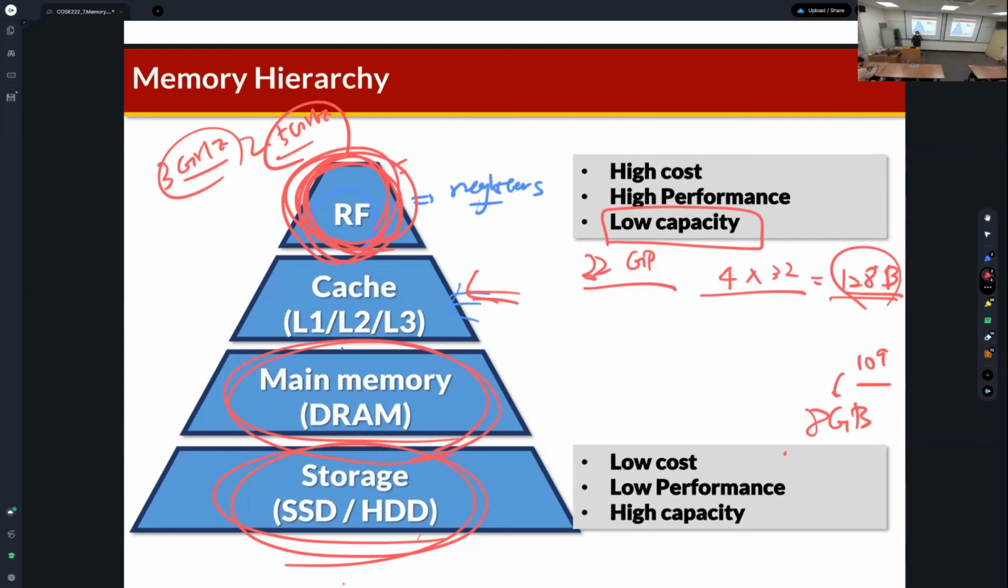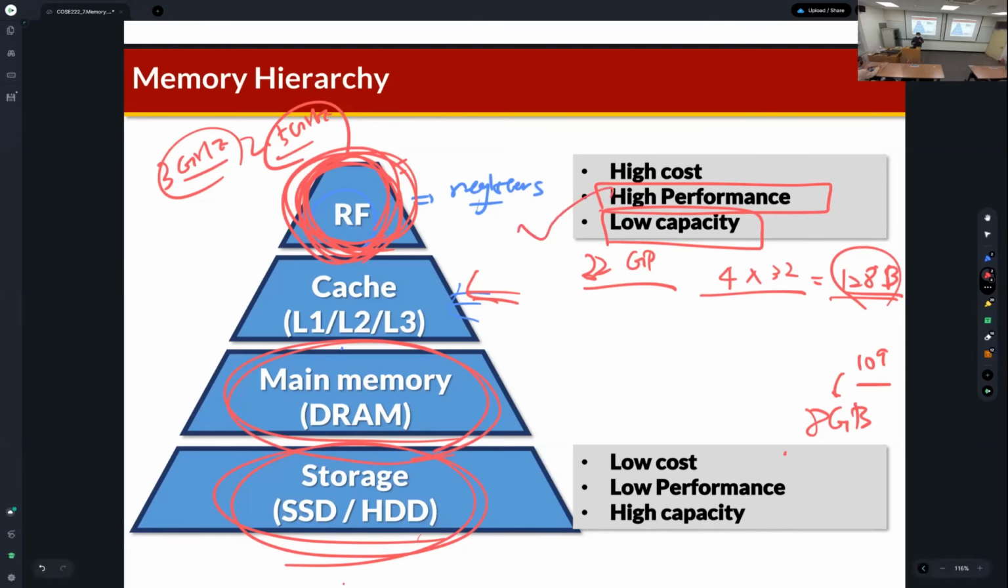So it's very, very fast. A processor can read data from registers within 1 clock, which means the register file is also very fast, so its performance is very high.